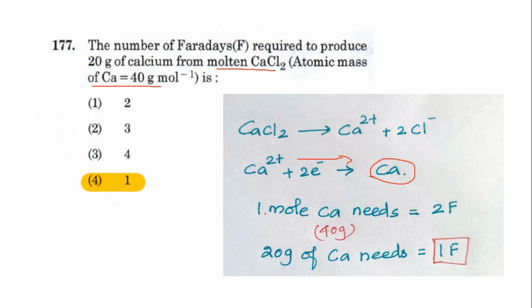So 1 mole of calcium, that means 40 gram of calcium, needs 2 Faraday. 40 gram of calcium needs 2 Faraday, so 20 gram of calcium needs half. So 1 Faraday is required, so 1 Faraday is correct.